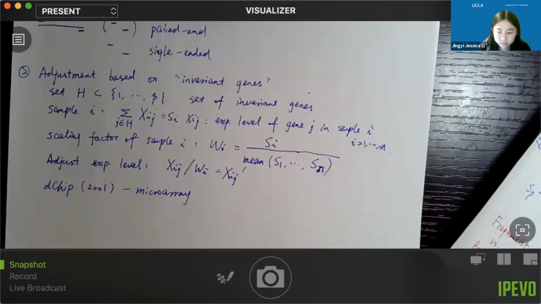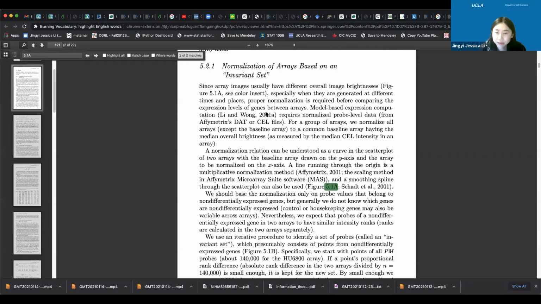Okay, so let me switch my screen to that dChip paper for now, and we can read what is written there together. So this is the dChip paper, and this is a book chapter which I will post to CCLE. There is a normalization step.